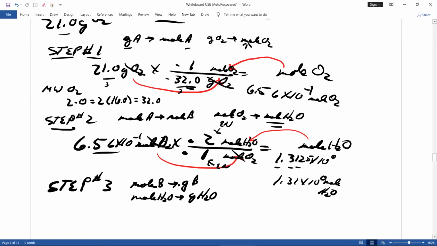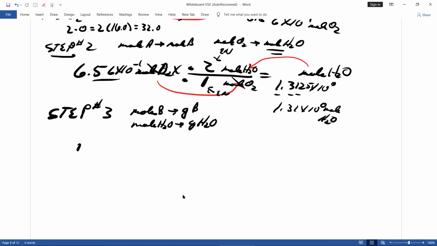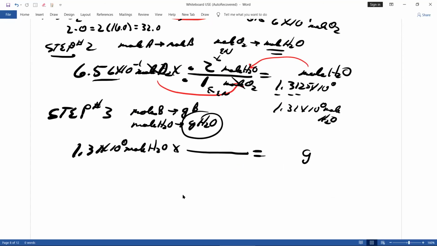And how do I do that? Well, the only number I have is 1.31 times 10 to 0, which is 1.31 moles of water. I want to get to grams of water.